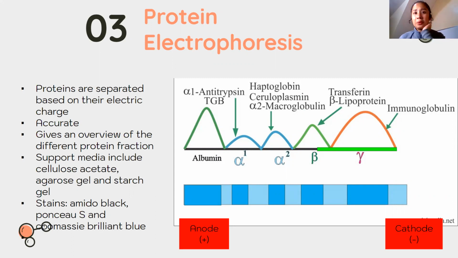Maganda tong image na to, kaya ito yung pinili ko kasi pinapakita niya yung mga plasma fractions na nagmamigrate depending on the different plasma fractions. So you would notice that your gamma globulins are the slowest towards your anode. Yung immunoglobulins or your antibodies, sobrang bagal nila. Okay? Dito yung pre-albumin.